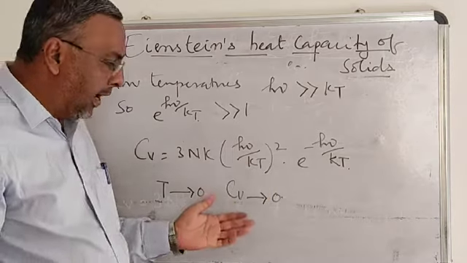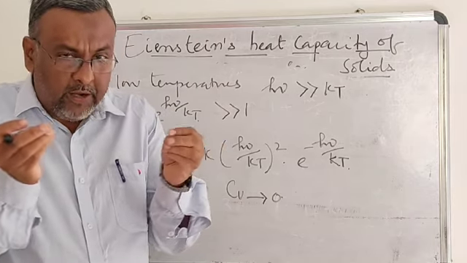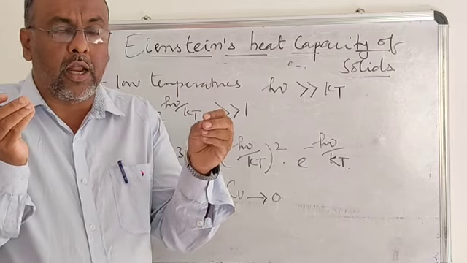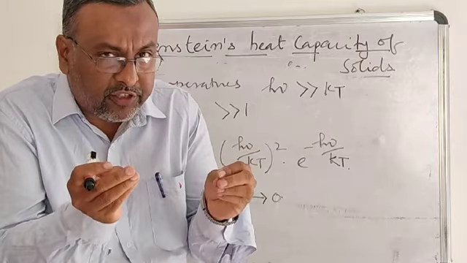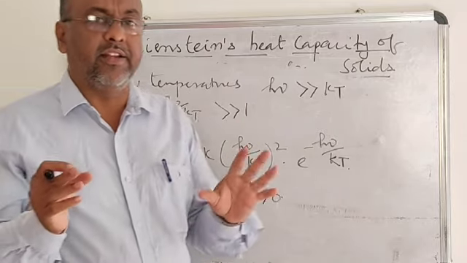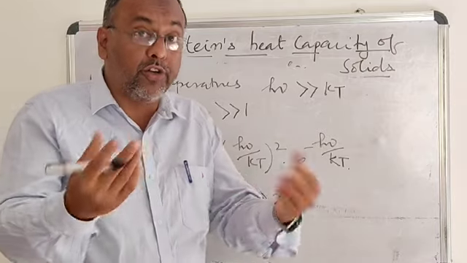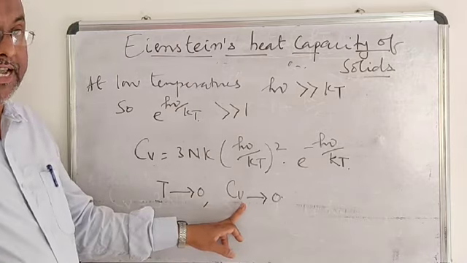What happens? At very low temperature, the atoms in a crystal, which are vibrating like harmonic oscillators, will have the lowest vibrational energy. They will occupy the lowest vibrational level and their contribution towards heat capacity will be 0 at low temperature.